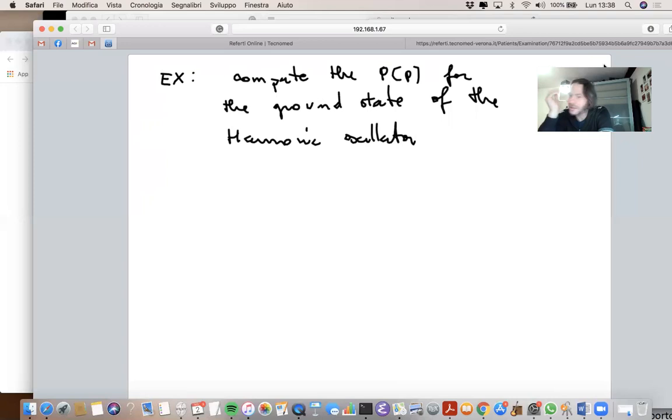In one of the meetings we had live, which are not recorded on YouTube, I went through the exercise of solving for the ground state of the harmonic oscillator. The ground state of the harmonic oscillator is the ground state of the following Hamiltonian in one dimension.